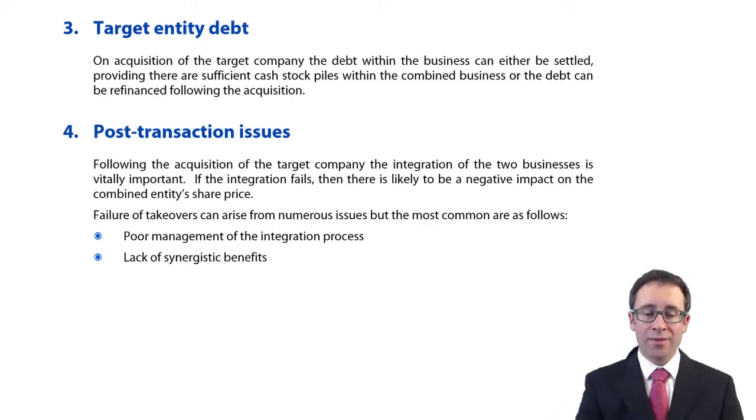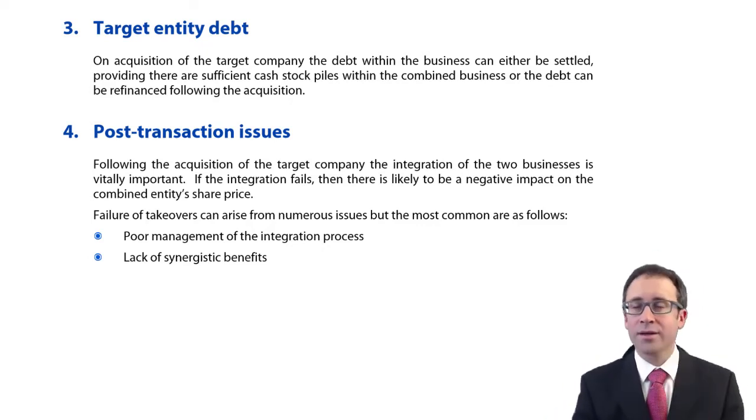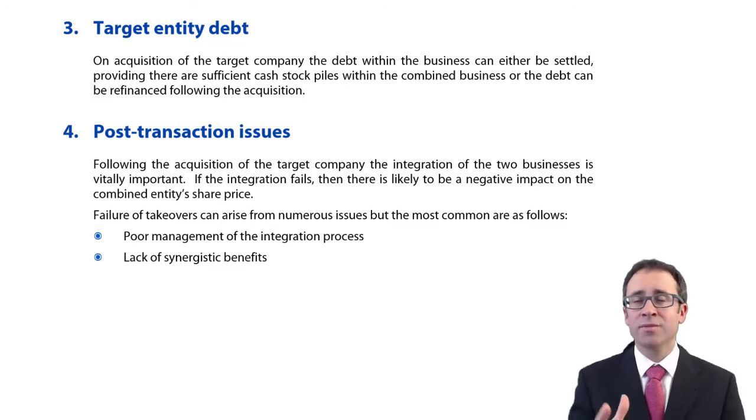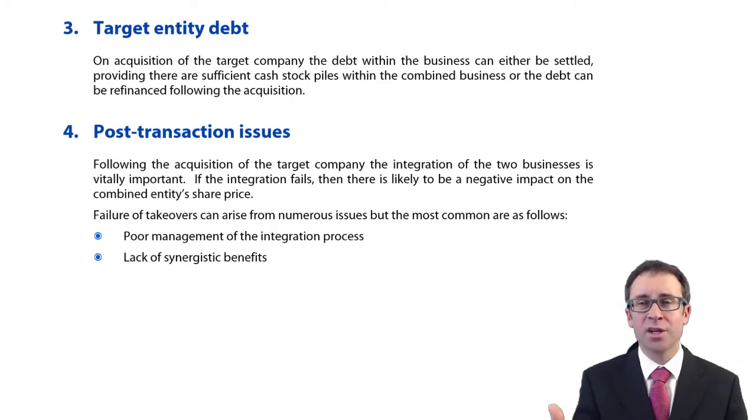The reasons why it would not work: there might be opposition to the takeover, and that opposition might cause resentment amongst your customers. Your customers might move elsewhere. It could be that on takeover the predator company's management aren't able to run that business as well as they were expecting, especially if we've diversified into a non-core aspect of business.